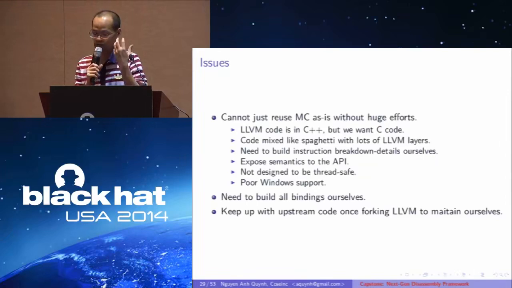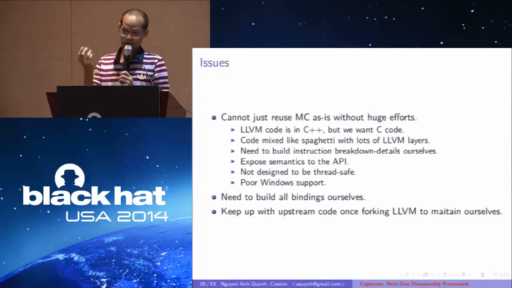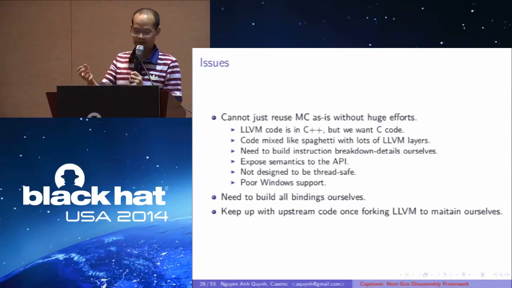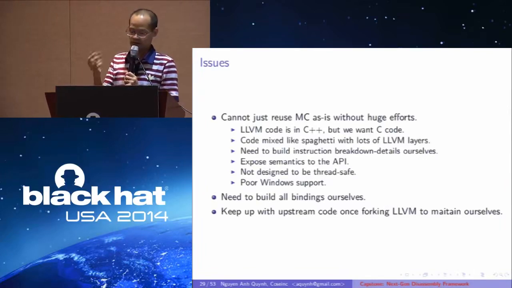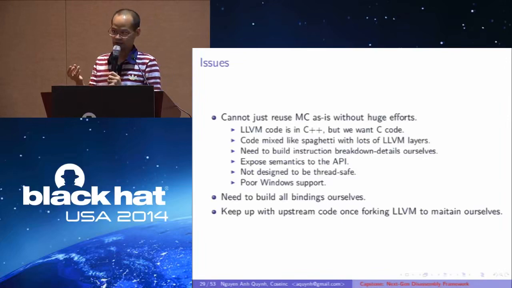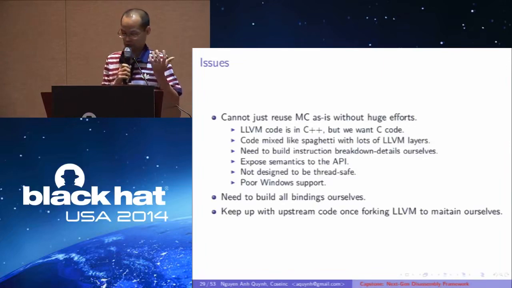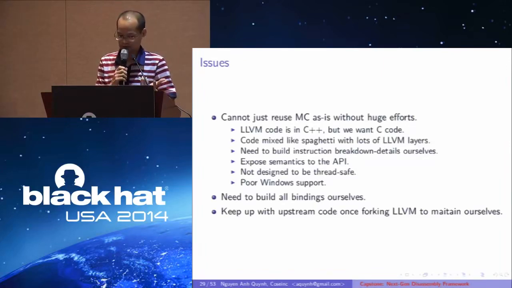If I use C++, it is very hard for a C program to integrate with it. But in the other direction, it's very easy for C++ code to use C. So C is the best choice. So I want C, not C++. So I cannot use MC as is.